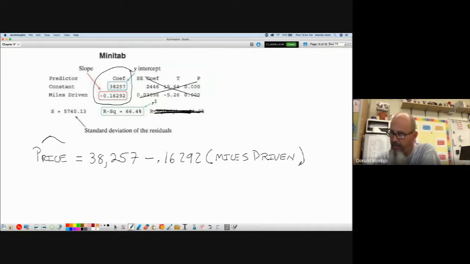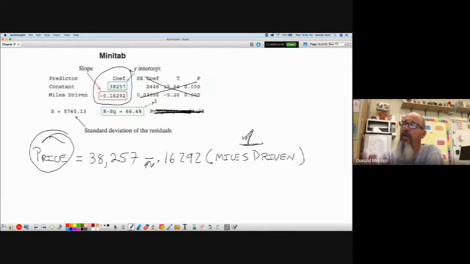So we would say this negative 0.16292, for every 1 mile driven, we predict the price of the truck will decrease by 16 cents. So every mile we drive, we predict that the cost of our truck will decrease by 16 cents.